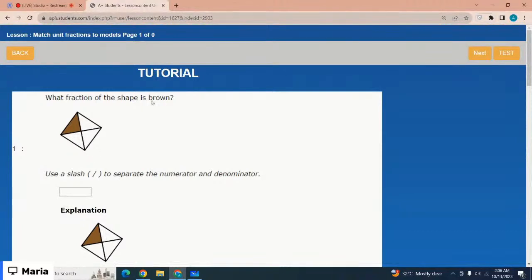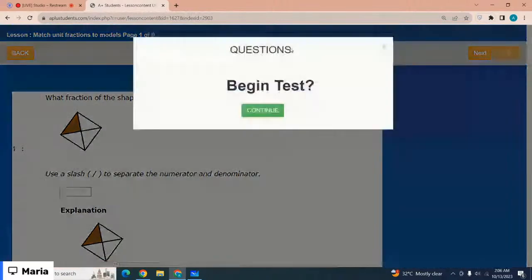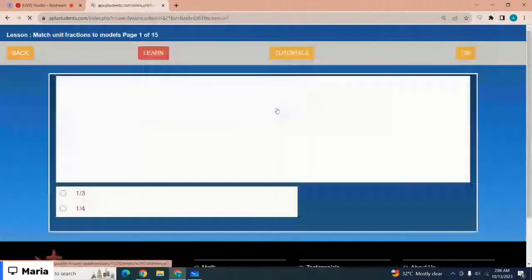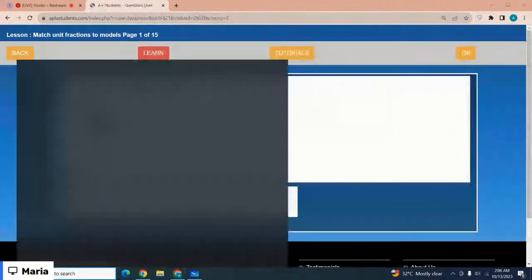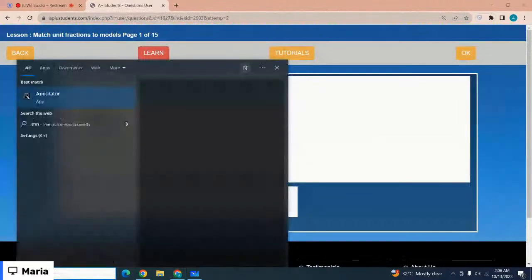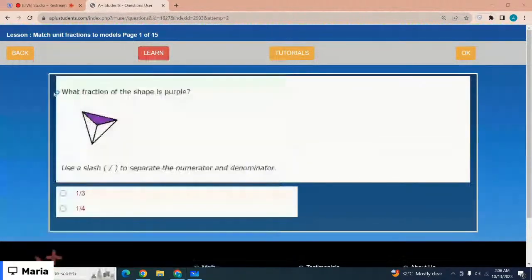Let's just start with the test questions. What fraction of the shape is purple? Which is the correct option? Okay, let's just see.